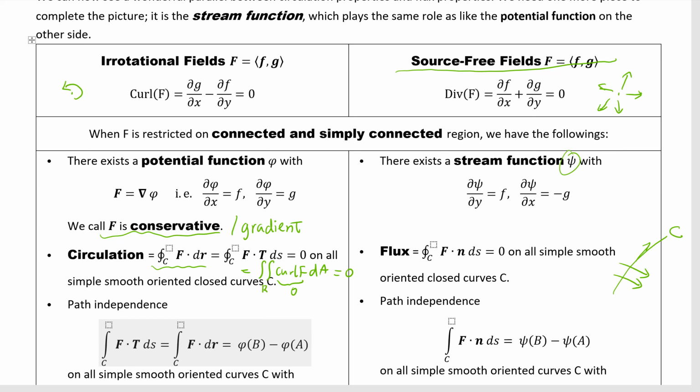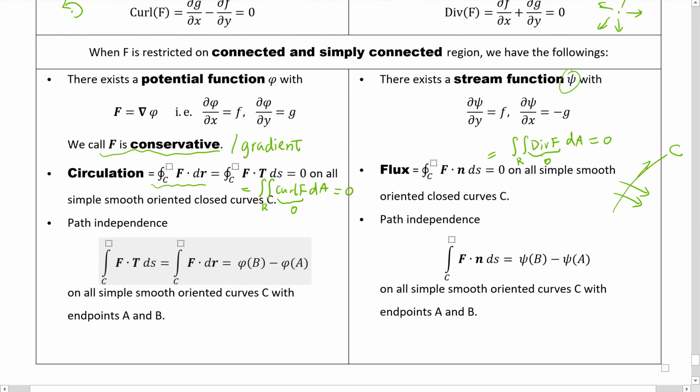If C is an oriented closed curve, then this flux equals the double integral over the region R of the divergence of F. But because the divergence is 0, this is 0. So on a source-free field, the flux is 0 on all simple smooth oriented closed curves.